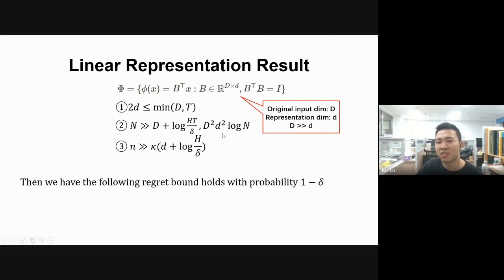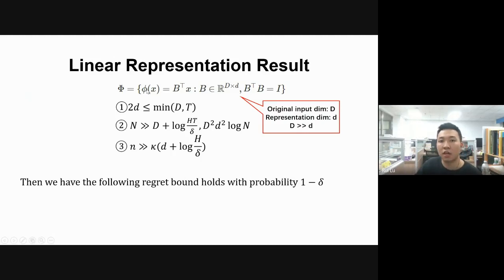So this is a threshold. Actually, only when capital N is larger than this threshold, all the following bounds could hold. Otherwise, you just learn rubbish. And also, the required number of samples for the target task, denoted by small n, should be larger than this term. And here is a kappa. Kappa I will explain later.